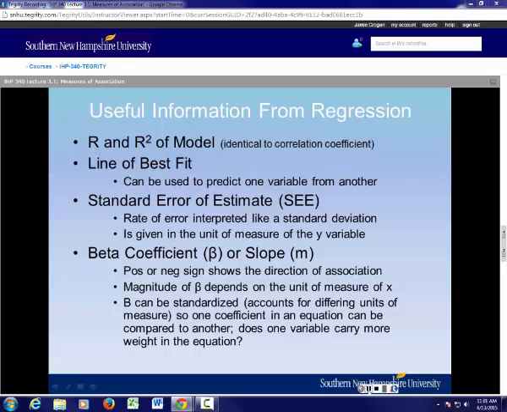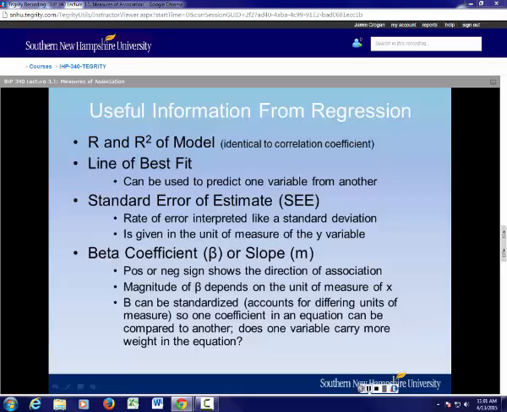So sometimes you'll see people reporting a beta coefficient. And so beta coefficients can be positive or negative, and it shows the direction of the relationship. X is related to y positively when the slope is positive, and x is related to y negatively when the slope for x is negative. And so a slope's positive or negative sign shows the direction of the association between that x and y.